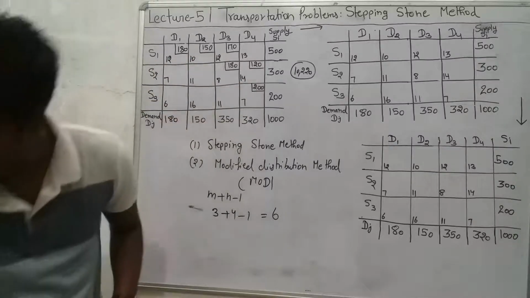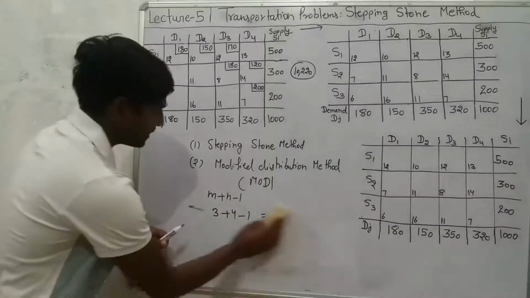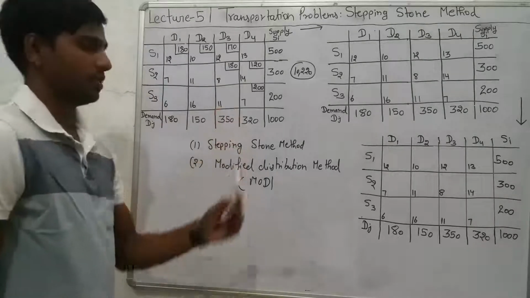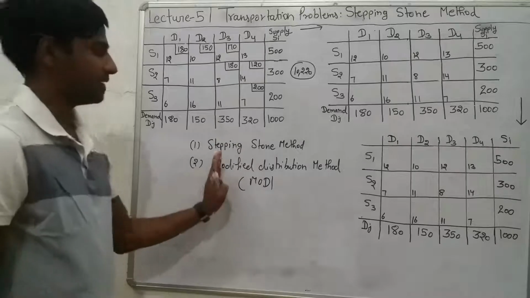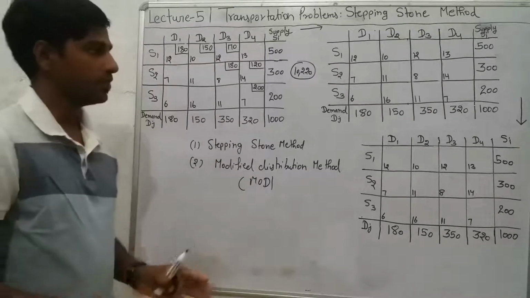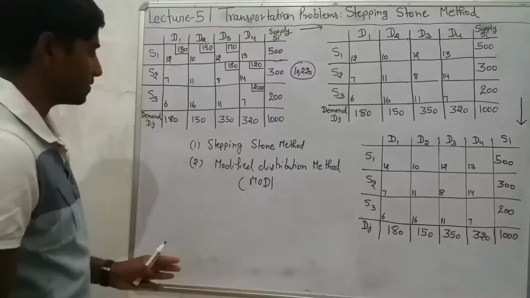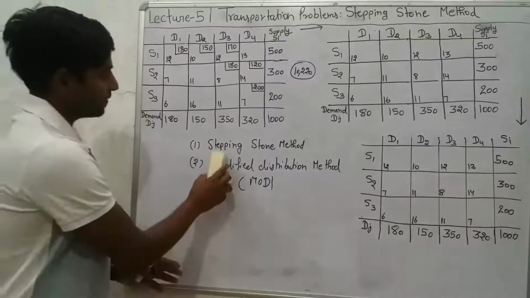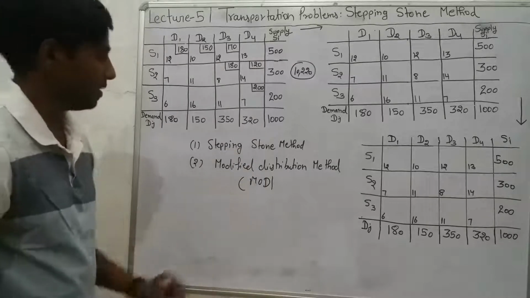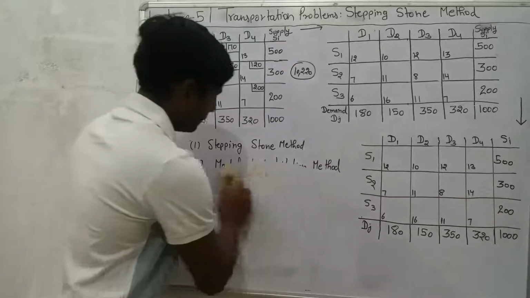So this solution has 6 occupied cells or basic variables, and it satisfies all the conditions to apply the stepping stone method or the modified distribution method. In this particular video, we are going to learn about the stepping stone method, and in the next video we will discuss the modified distribution method.